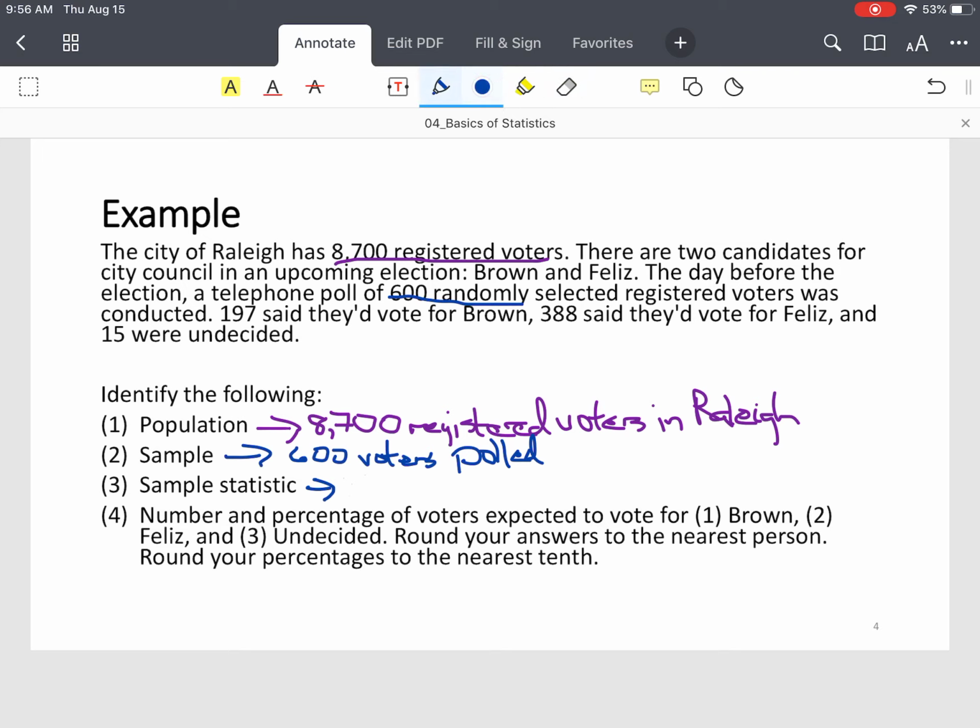So 197, and again we're going applications a percent, 197 divided by 600. We want to convert to a percent. All right, so 32.8% will vote for Brown.